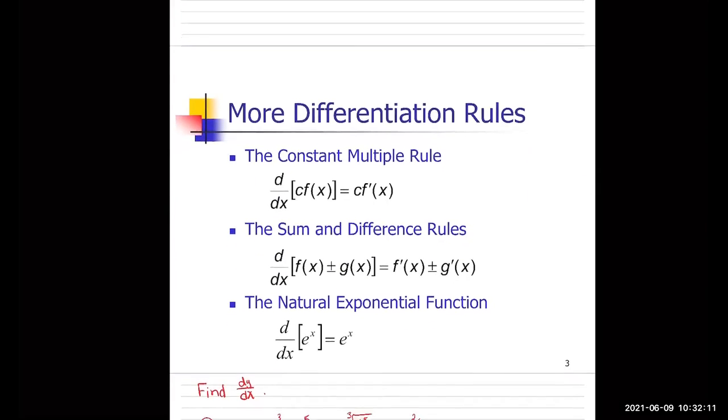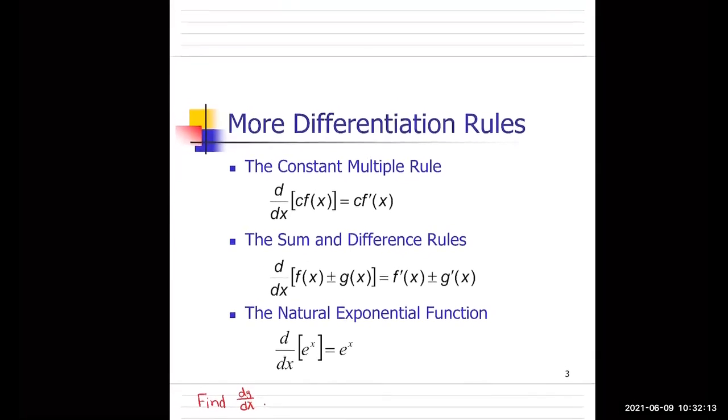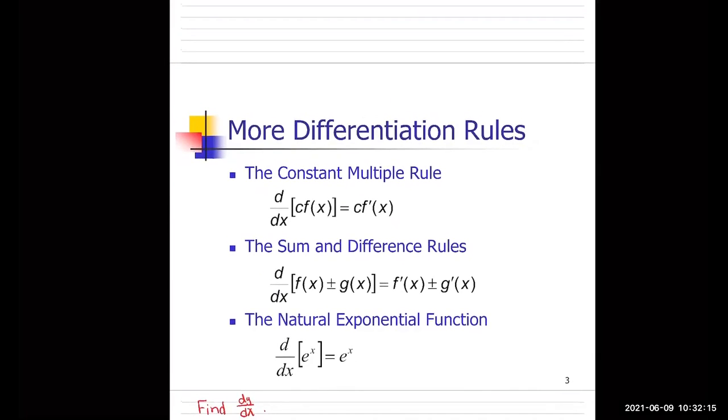Okay, so more rules. The next one is the constant multiple rule, and you can see it written out there. It says that the derivative of a constant times a function is that constant times the derivative of the function.